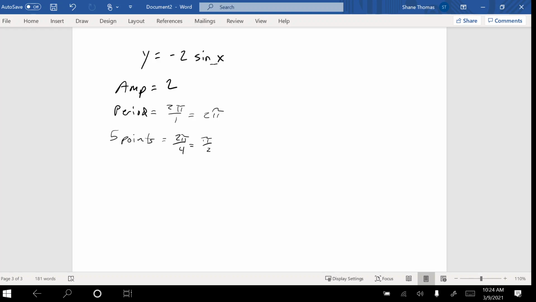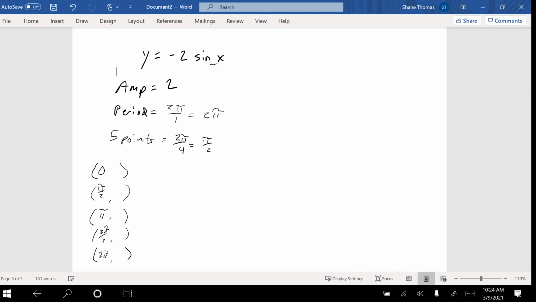Okay. Now, last one we evaluated, right? See if we can figure this one out without evaluating it. So here's all my points. I know I have 0, pi over 2, pi, 3 pi over 2, and I'm going to have 2 pi.